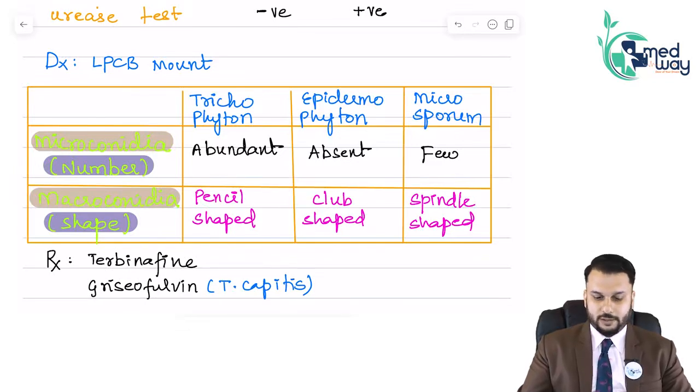What exactly are we going to do to remember these things? Please try to remember it like this. When you look at the word Trichophyton, just highlight the word tri. Earlier also we used the same word, right? Now let's highlight the first thing, the shape. Now we get a word called trip.